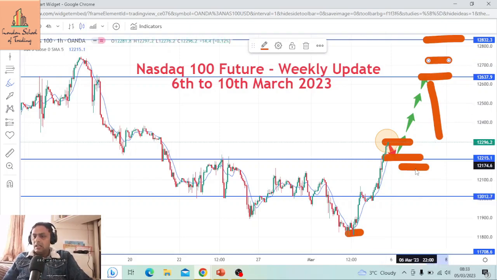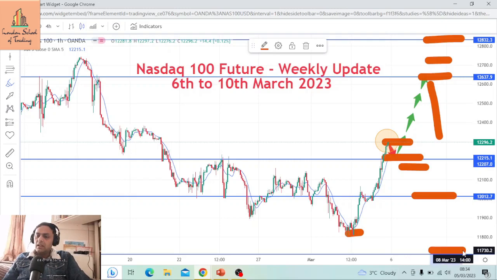Next, when it goes below 12,200 level, you need to understand that market sentiment is changing from bullish to bearish. That's the reason we can see the next level 12,000, and if it crosses this level, then we can see 11,700. Okay, so this is the planning for this week.